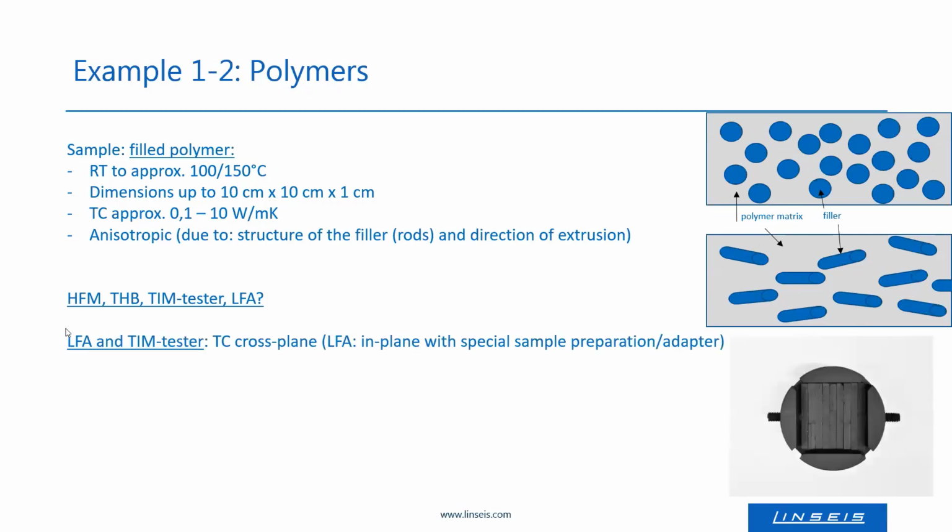In this case, it would be the laser flash analyzer or the TIM tester, because these two instruments measure the thermal conductivity cross-plane, so through plane or perpendicular to the sample's plane. With a laser flash analyzer with a special sample adapter and sample preparation, you can measure also the thermal conductivity in plane. Perhaps you can also consider the Transient Hot Bridge if you are just interested in the overall thermal conductivity, which is not dependent on the direction.